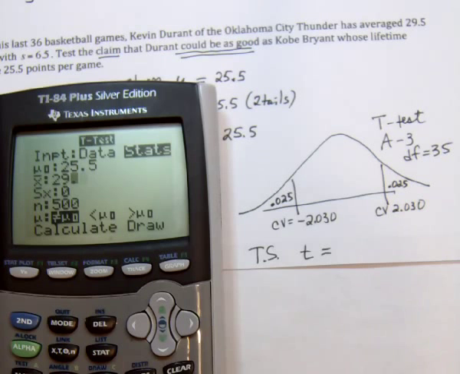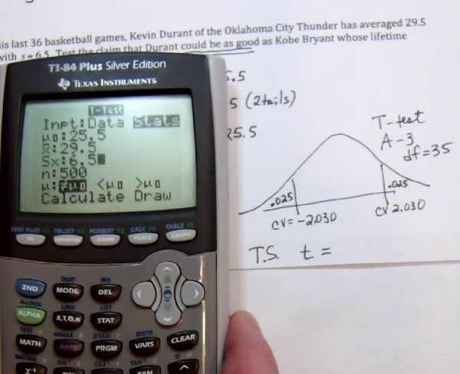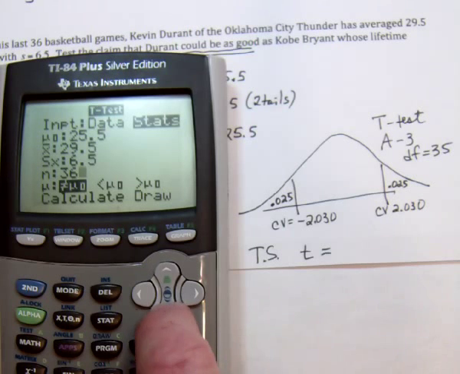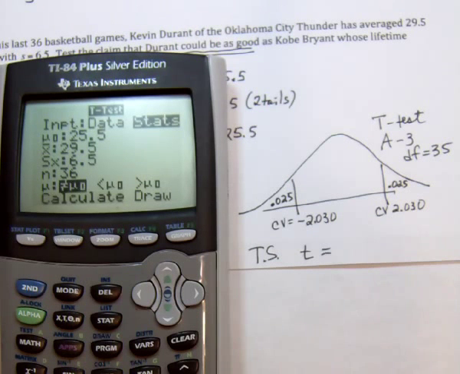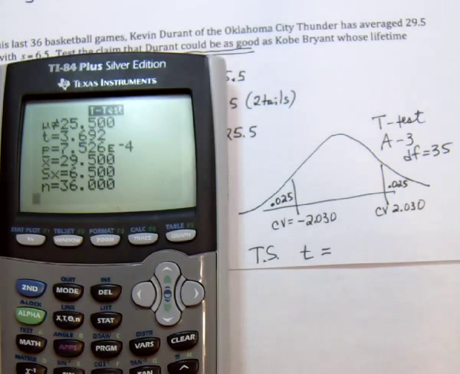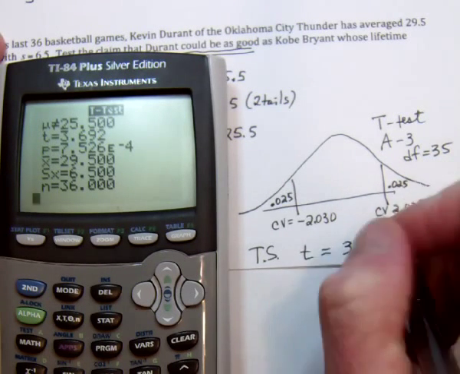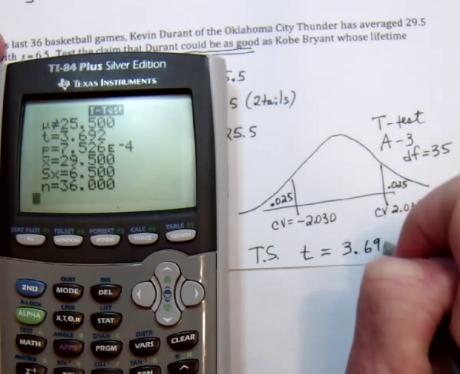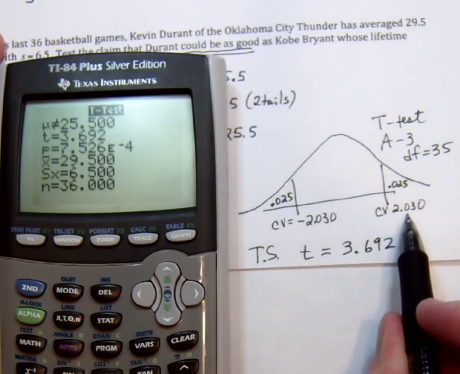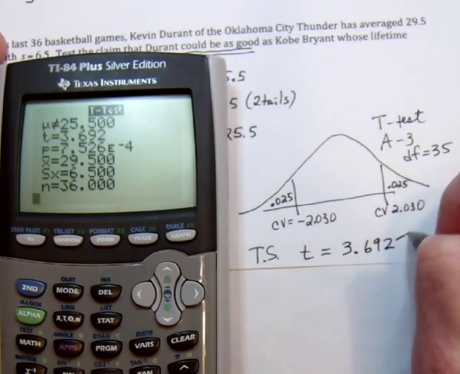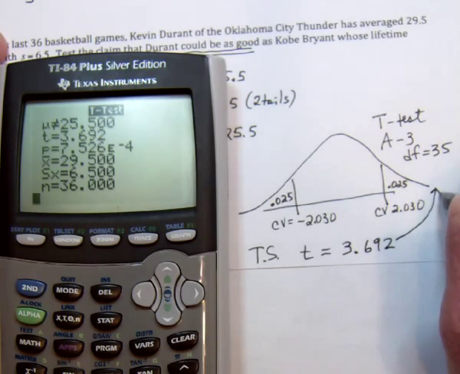Kevin Durant, actually 29.5, with a standard deviation of 6.5. This was based on the last 36 basketball games. And then, calculate. Yay! We proved something! 3.692. Does that go past a 2.0? Yes, it definitely does. So we actually proved something.